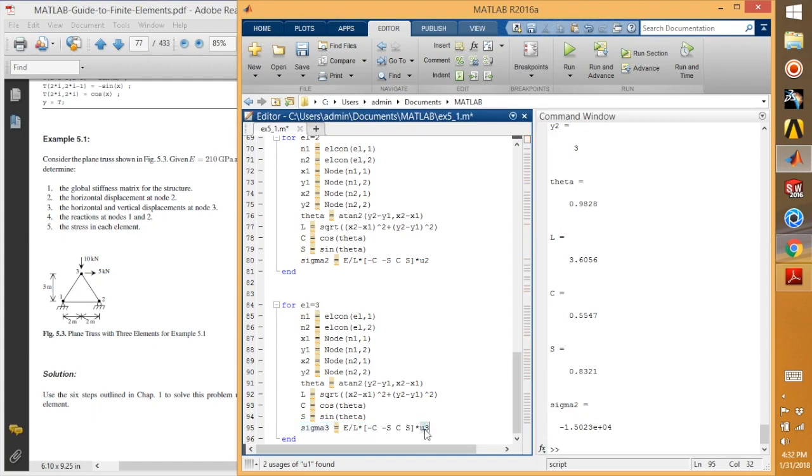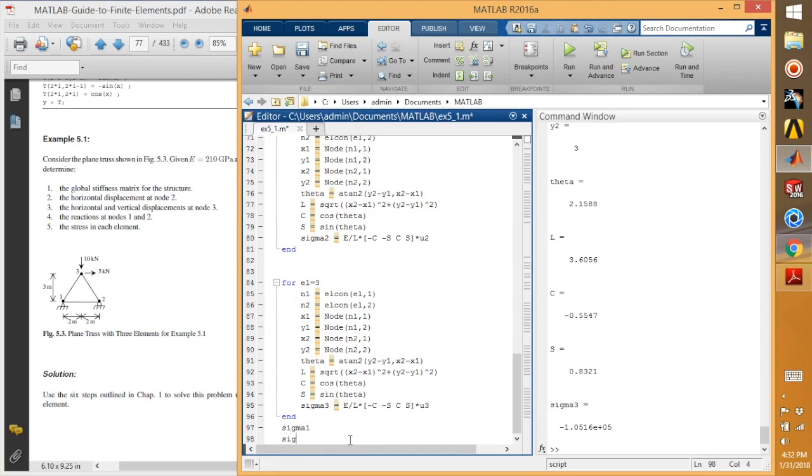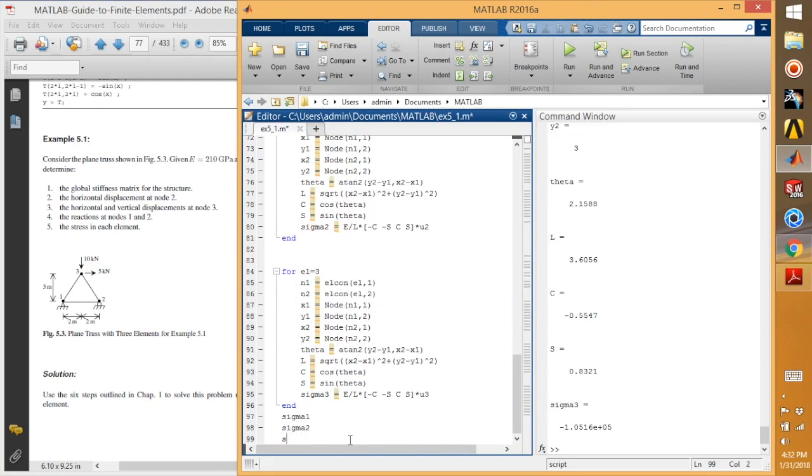So the third element sigma will be minus 1.0516. Then you can type here sigma 1, sigma 2, sigma 3, and you'll get all your sigma values for each element.